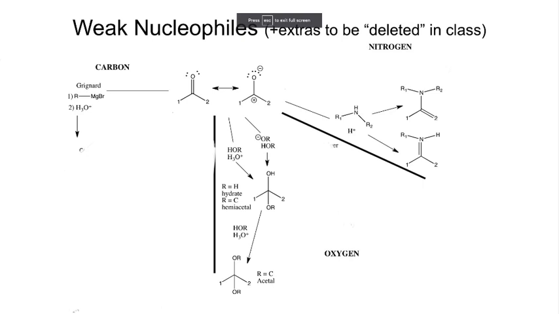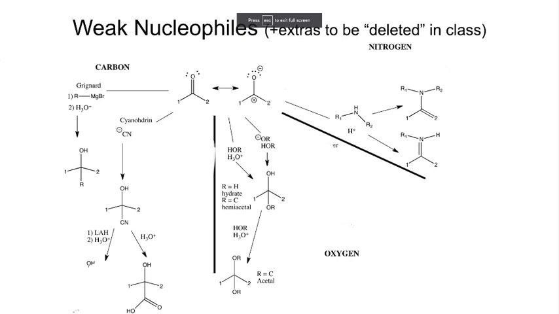I should not have deleted, well, Grignard's still there. I should not have deleted this cyanohydrin one, and I'll address why in a second. The nitrogen ones and our oxygen ones become really important.